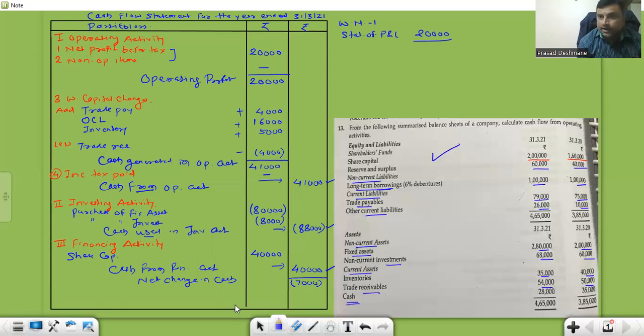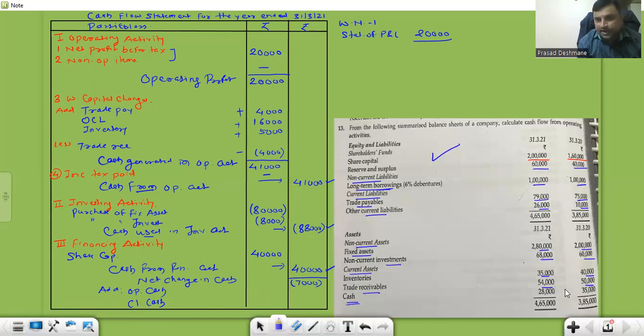So for this net change in cash, how are we going to check whether everything in this cash flow statement is recorded correctly and we got the answer correctly or not? How do we check? With the balance sheet. If the balance sheet matches, everything is correct. If the balance sheet is not matching, something is wrong. Similarly in the cash flow we also have one thing to check. In this net change, I'll add the opening cash, and the answer of these two should match with the closing cash. So what is the opening cash?